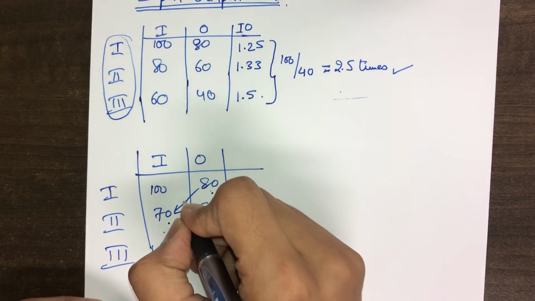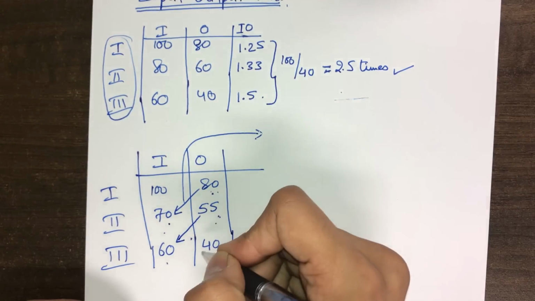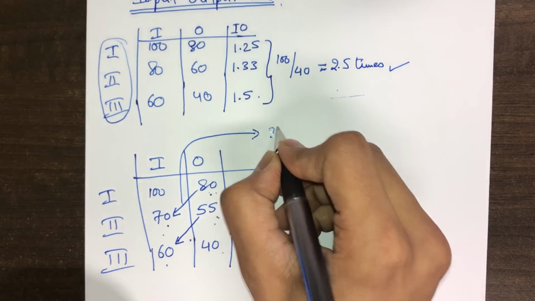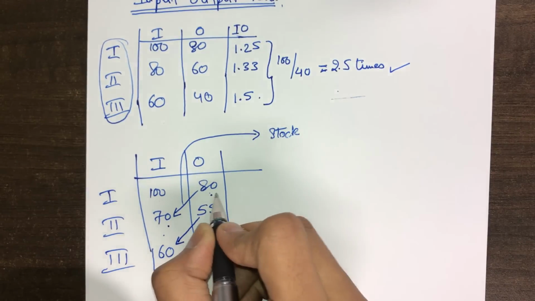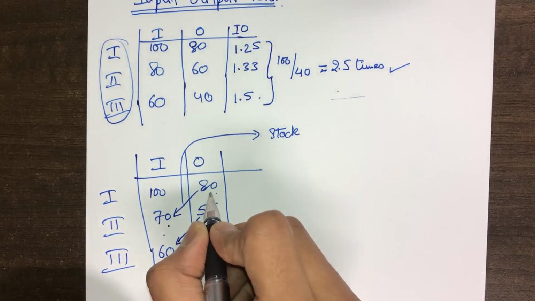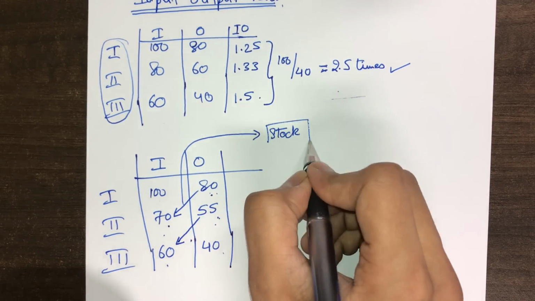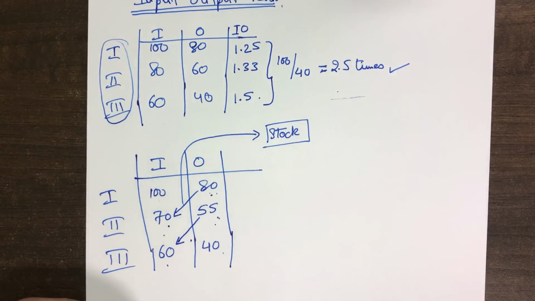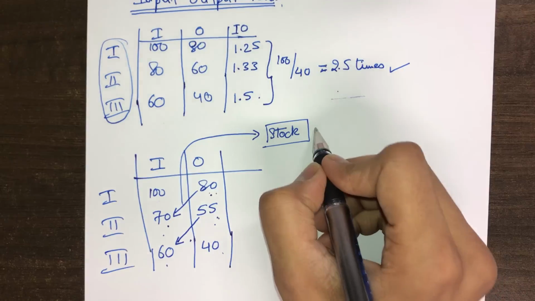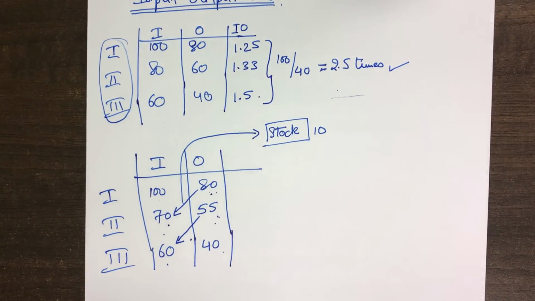Of course, it is possible. In this case, some of the output which has been received in process 2 has been kept in stock, because we have realized that this output is not sellable in market. Maybe there's shortage of demand in the market, so we have not processed the entire 80, but we have kept 10 units in stock and we have processed only 70 units.